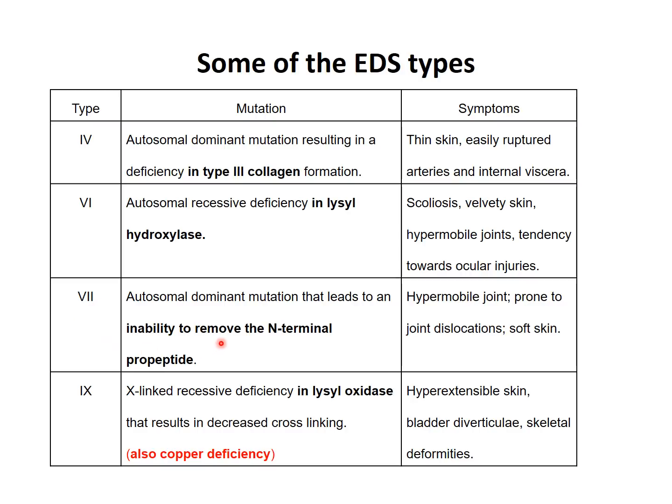Type 7 is the inability to remove the N-terminal propeptides from the procollagen. Joint problems and skin problems, usually, which are obvious. But because this propeptide is not removed from some of the collagens in the bone either, there will be some problems with the strength of the bone.